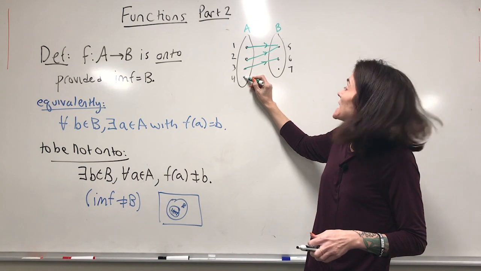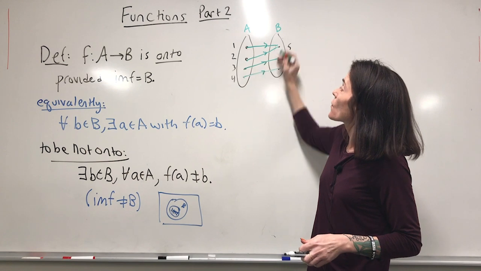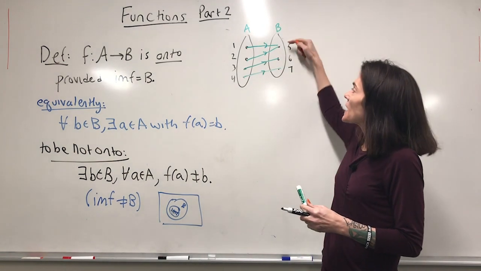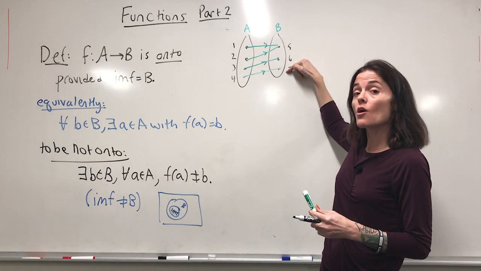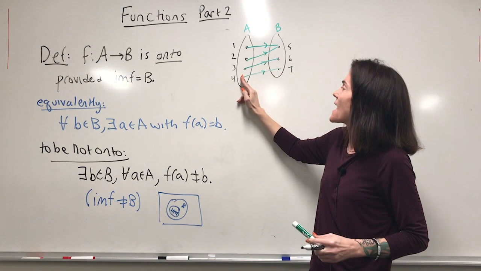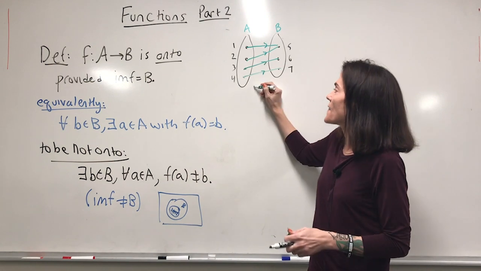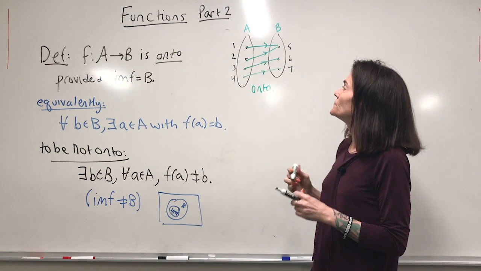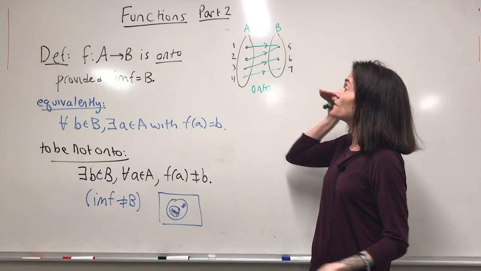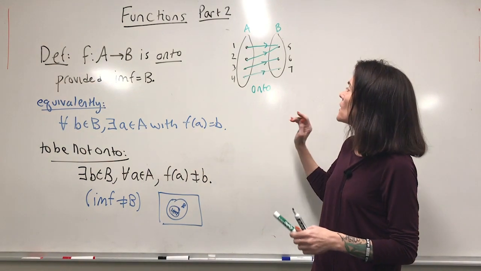So if I assign 4 relates to 7, or f of 4 equals 7, this is an onto function because every element in B is in the image, or there is an A that relates to it. You can see that by looking at the arrows. So this is onto. It's not one-to-one if we go back and think about that concept, because f of 2 and f of 1 are both 5, and 2 is not equal to 1. But it's onto. Okay?